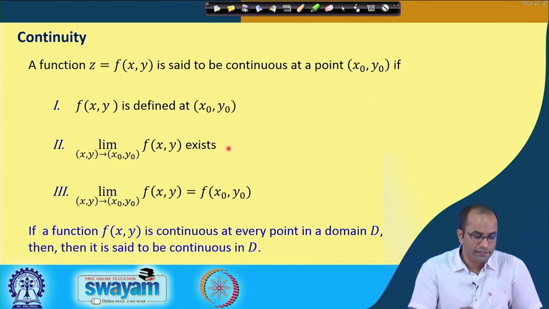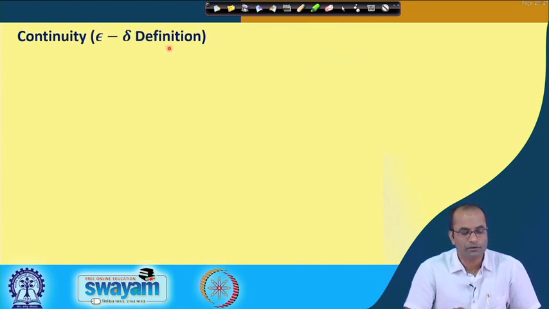So, we can give the delta epsilon definition as for the limit.